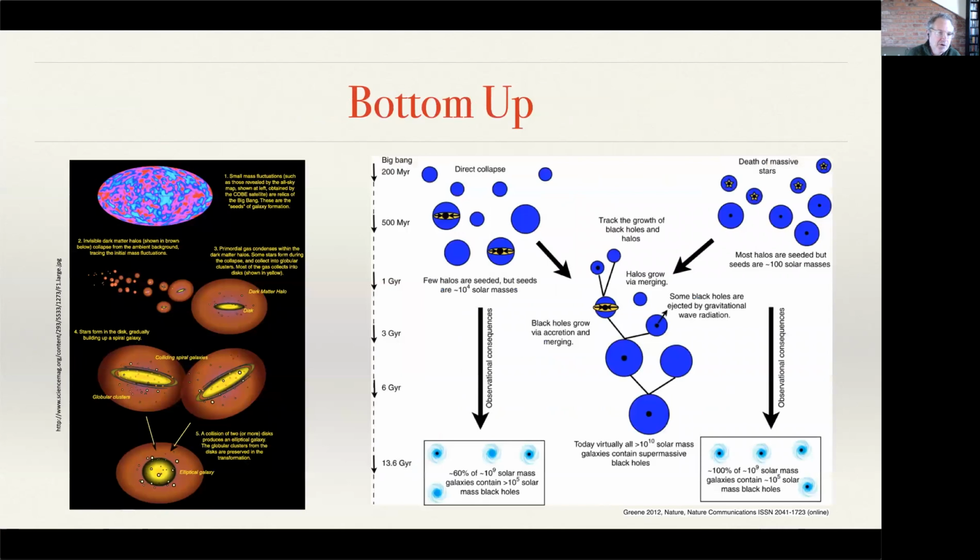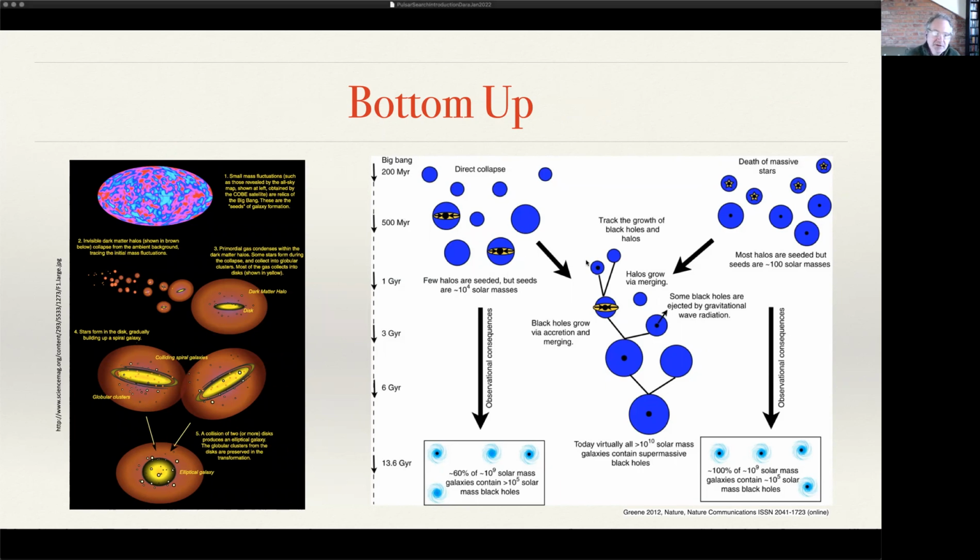And we think that the bottom-up approach is the most likely one. And what we think here is that we have these black holes in these galaxies not that long after the universe formed, maybe 200 to 500 million years after the universe came into existence.